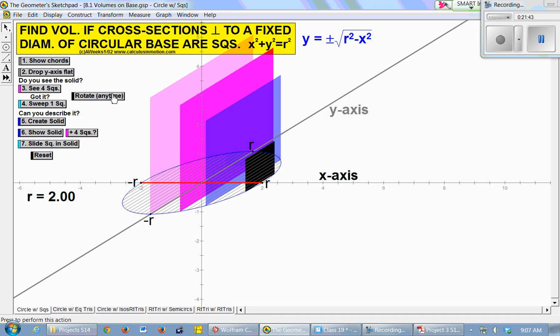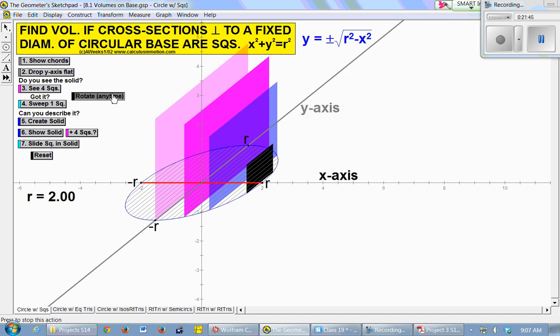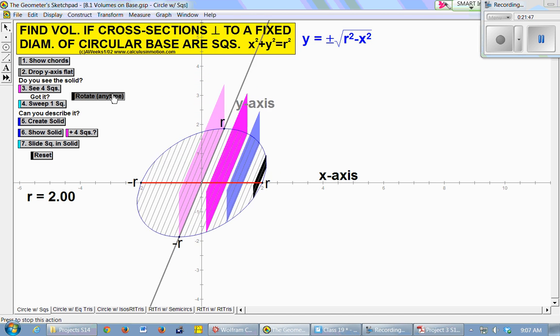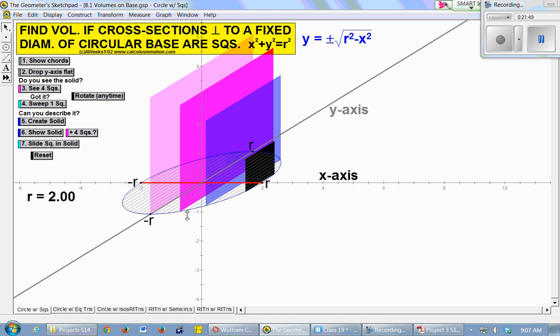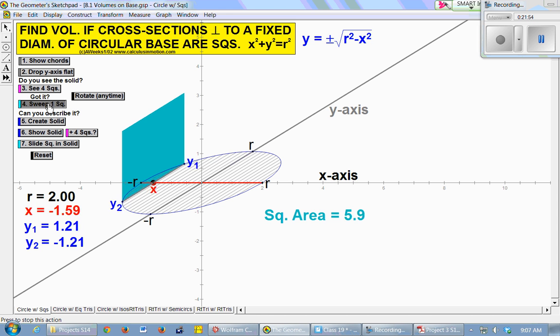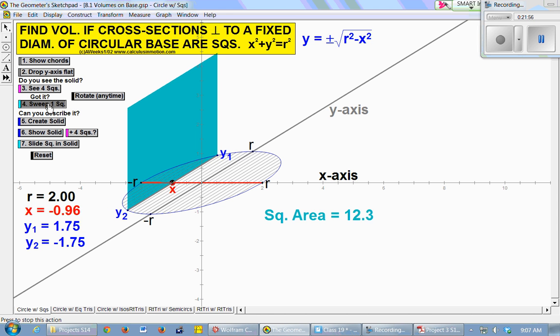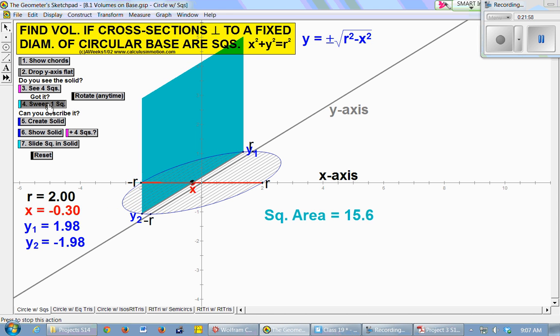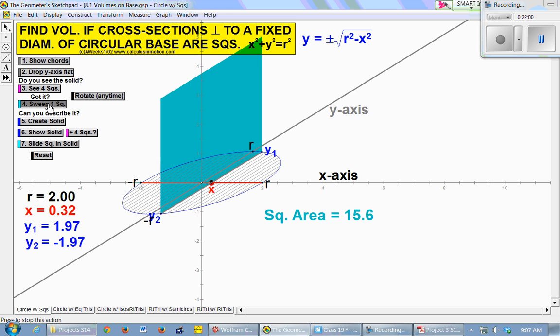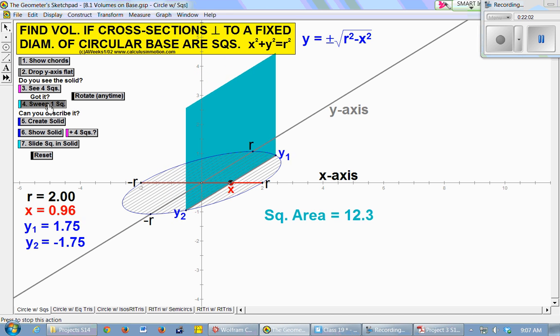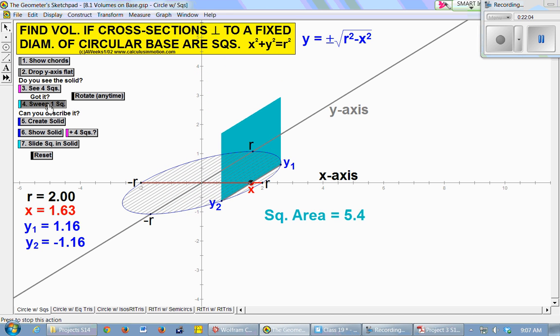It's helping you visualize it better than my terrible drawings. The squares are built off of the chords that are the base of the circle. All right, we'll sweep 1 square through so you can see what happens. The square gets bigger and bigger and bigger, and then smaller and smaller and smaller. And we're going to stack all these squares up.